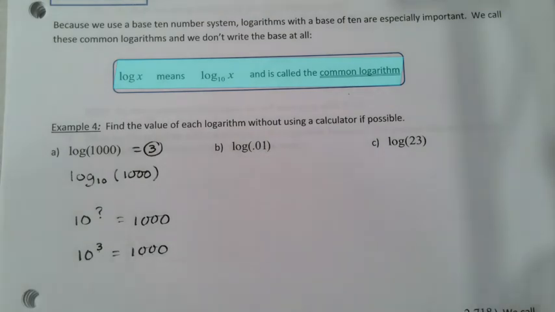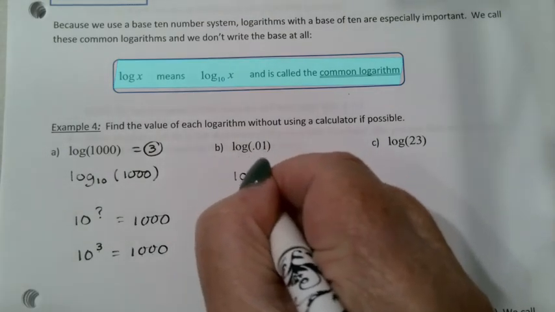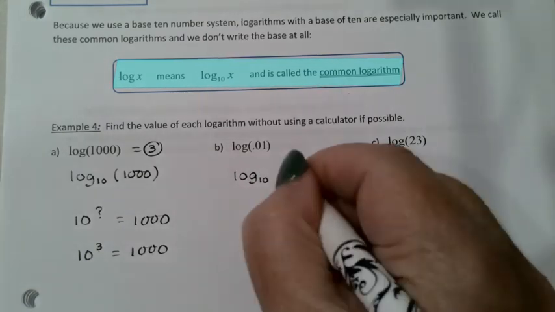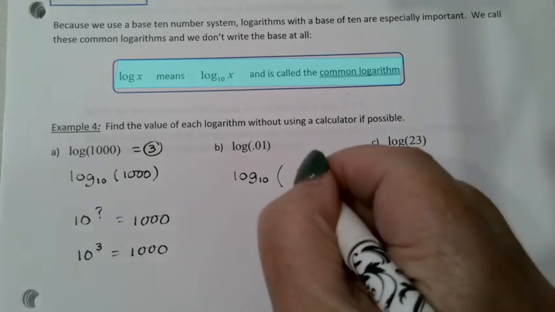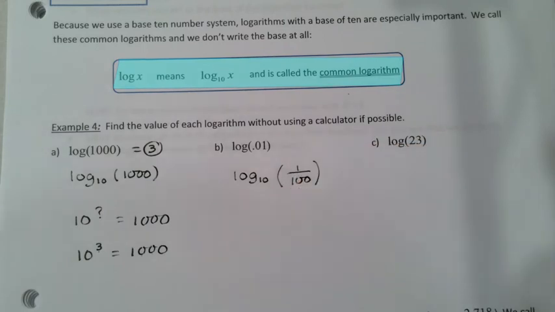All right, the log of 0.01. I know it's the log base 10 because the base wasn't written. And I think I'm going to be better off if I think about that decimal as a fraction instead. 0.01 is 1/100th. And I could write 1/100th as a fraction.